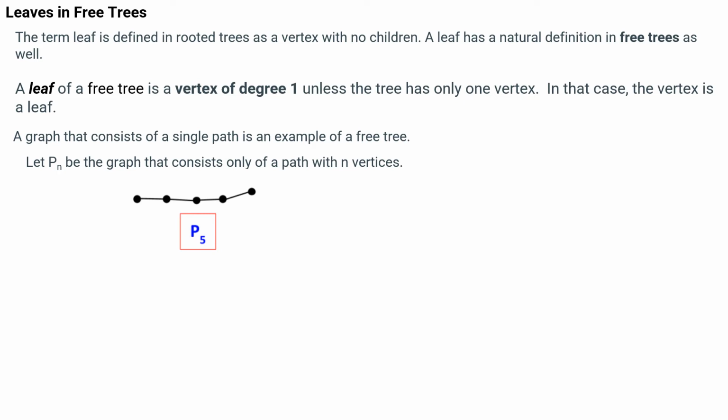It's just one little path with, in this case, 5 vertices. If we have a path like that with a different number of vertices, the subscript represents how many vertices there are. So a P sub n would be a free tree that's just one little path like this with n vertices.